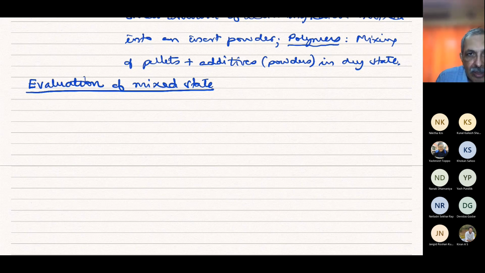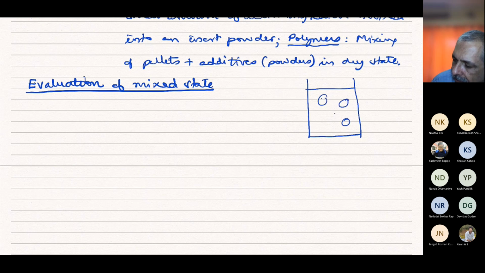So usually the way it is done is, let's say for example you have some system, and then you are trying to mix different components in. So let's say white is something and black is something, and they're initially all separate.